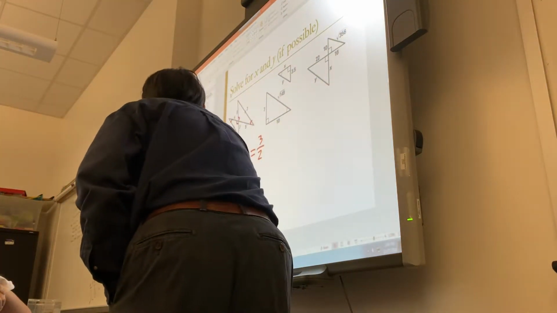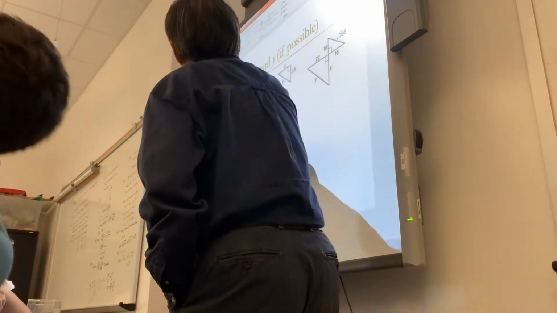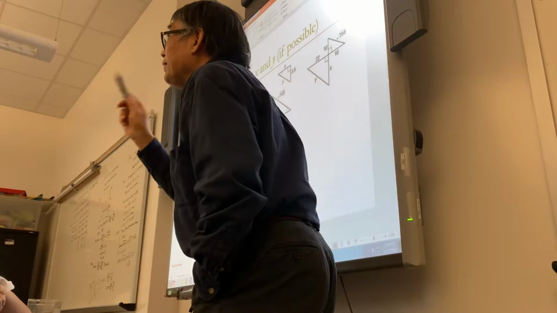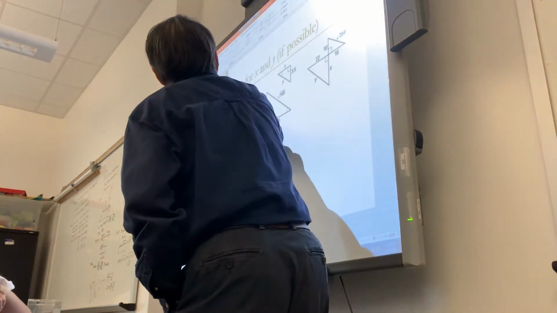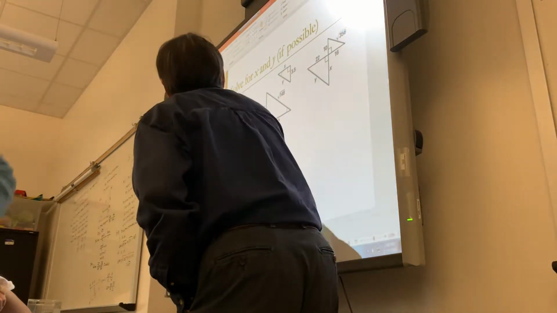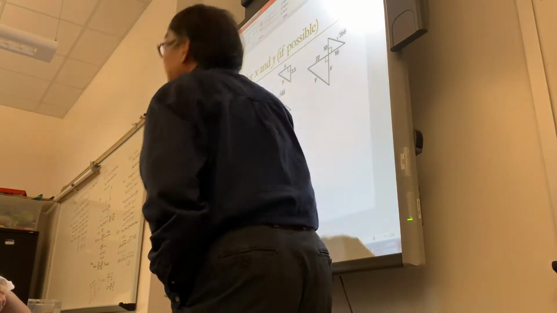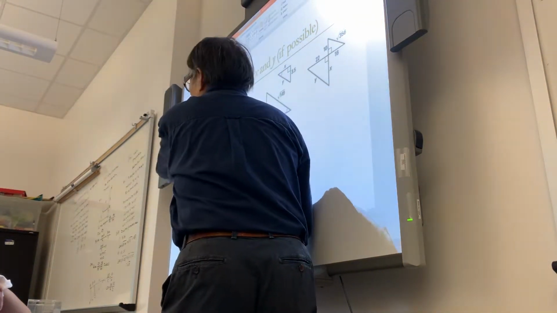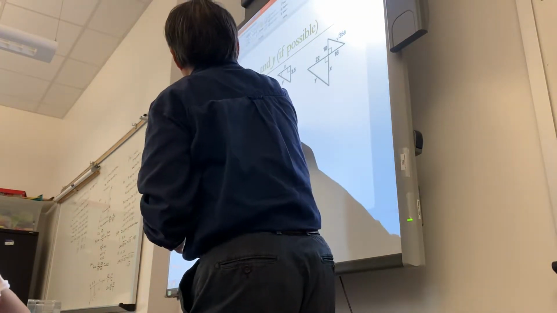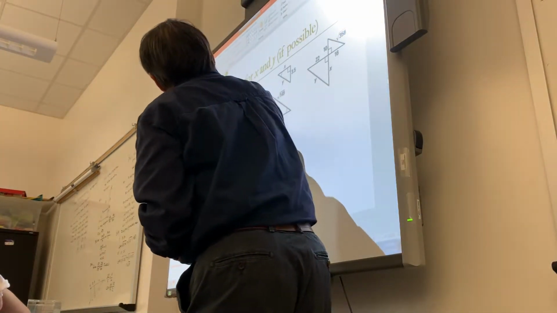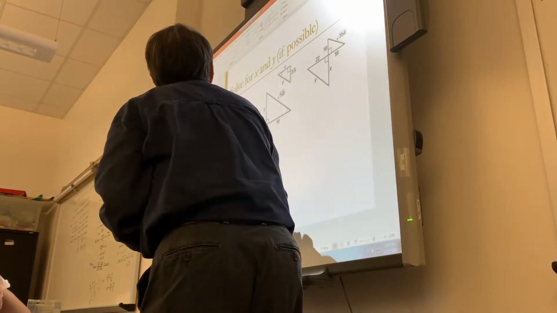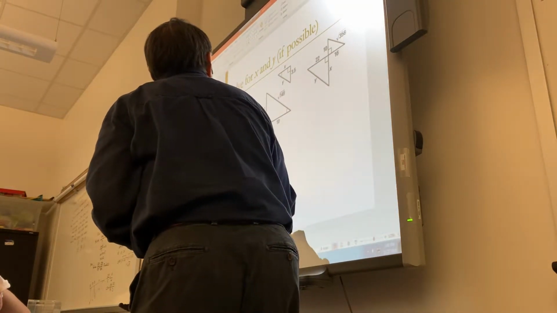Good. 5 and x is a corresponding side, 3 and 2 is a corresponding side. If you use bigger triangle side over small triangle side, 5 over x equals 3 over 2. Assume that I want to use the small one, so 2 over 3 equals x over 5.